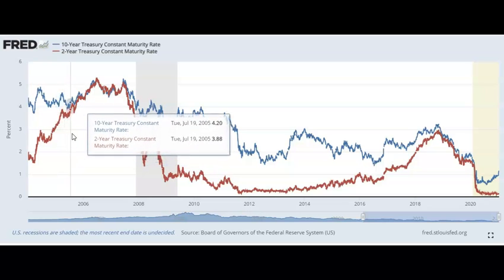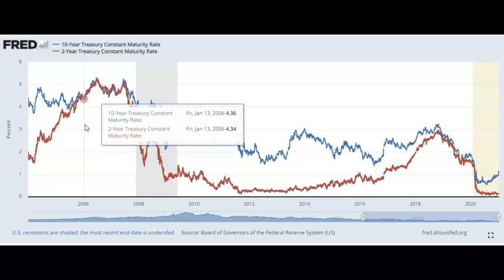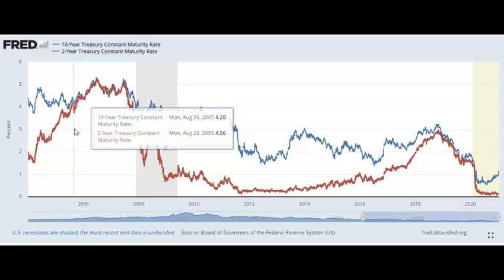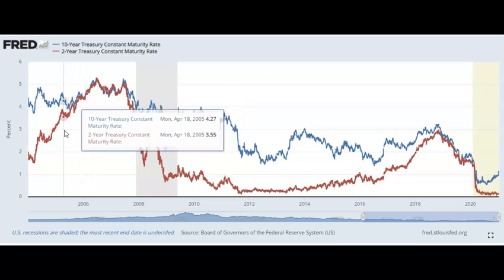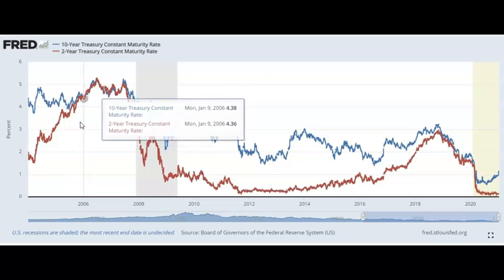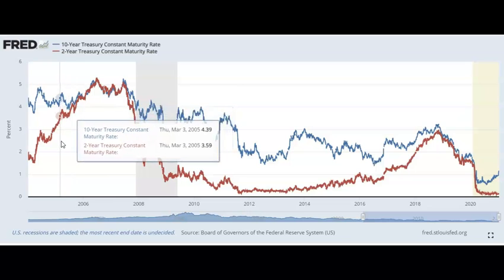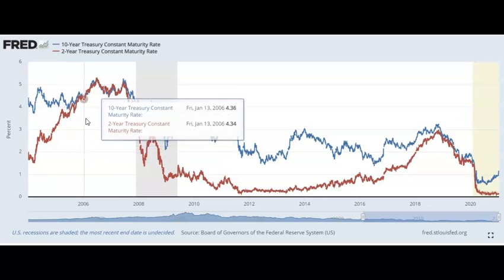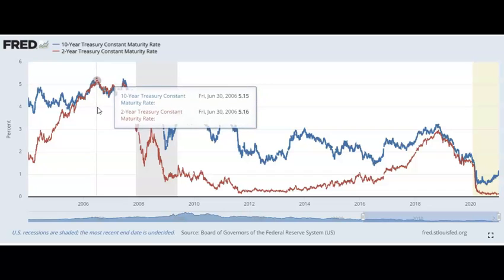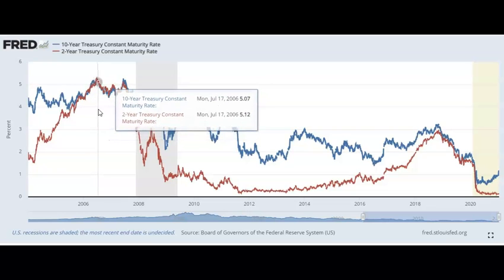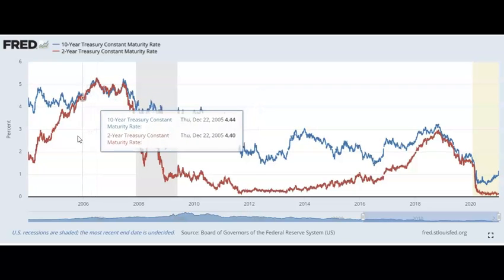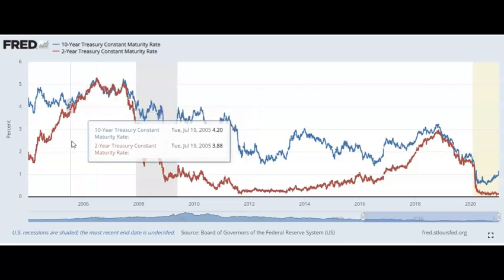They didn't go up as rapidly, because the bond market really didn't believe that economic growth was a threat. As a matter of fact, they were probably expecting an economic slowdown. So short-term rates rose rapidly, long-term rates stayed relatively the same, and roughly in 2006, short-term rates went above long-term rates. So there was a real disconnect between long-term investors in the bond market and the Federal Reserve.